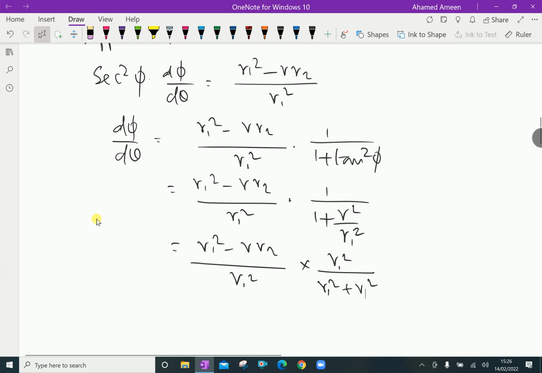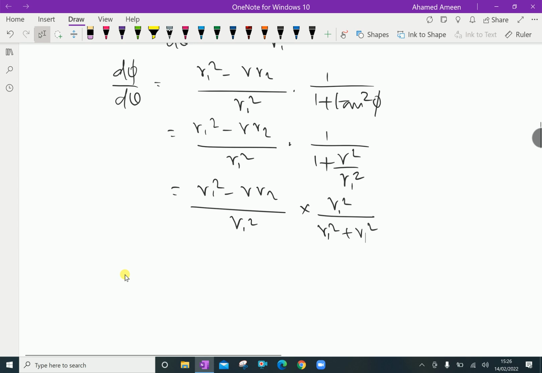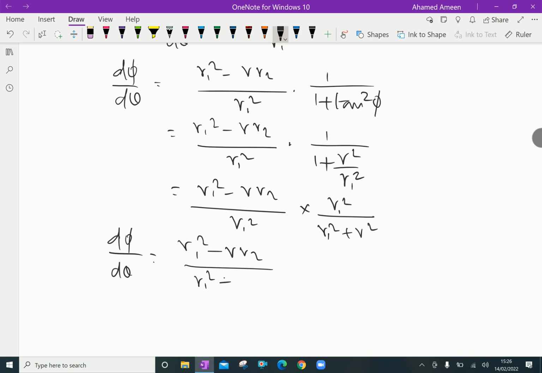Now by simplification we get d phi by d theta equal to (r1 squared minus r r2) over (r1 squared plus r squared).